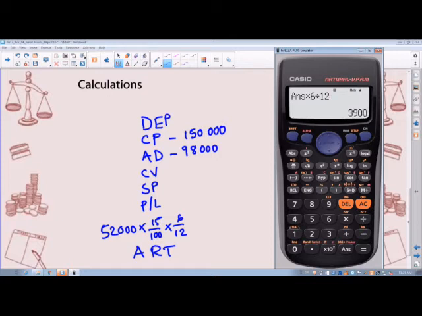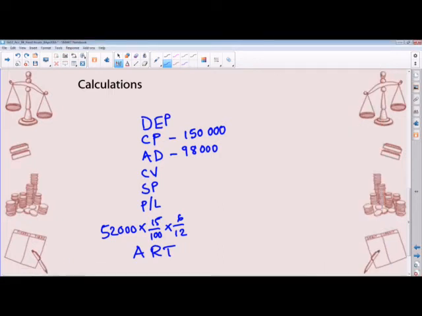Right, what is the 3,900? The 3,900 is my depreciation for my current year on the asset that I have sold. Let's just make that clearer. Got that? Okie dokes. Now, immediately that depreciation is added to my accumulated depreciation.